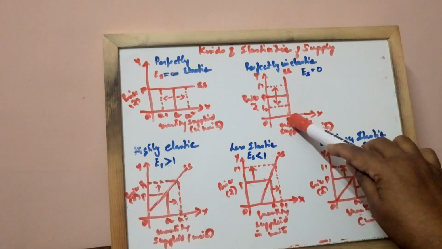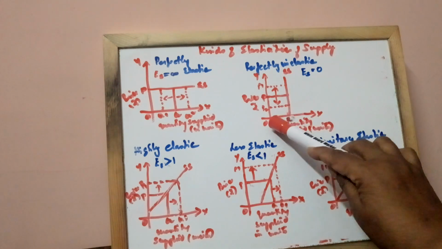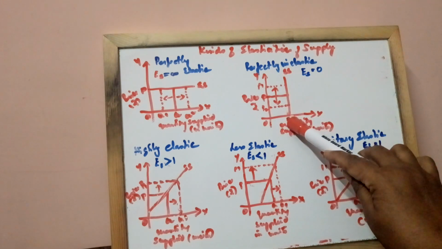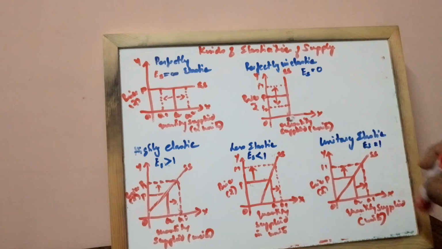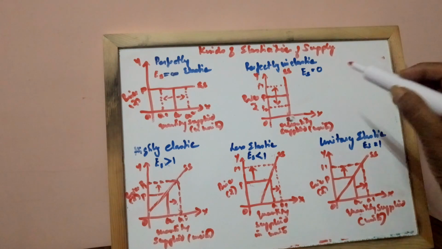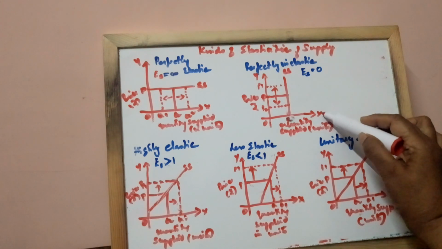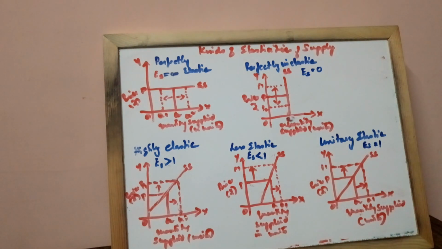So the SS curve is a vertical line, vertical to the x-axis. So what is that x-axis? Quantity supplied. So changes in the price do not make any change in the quantity supplied. So it is perfectly inelastic.